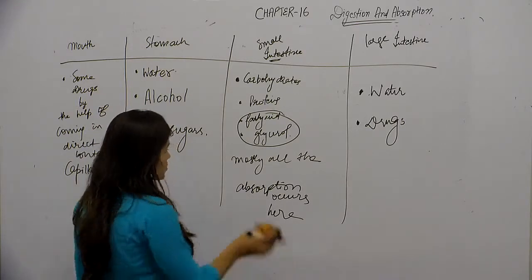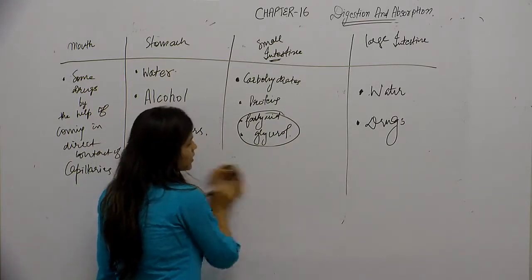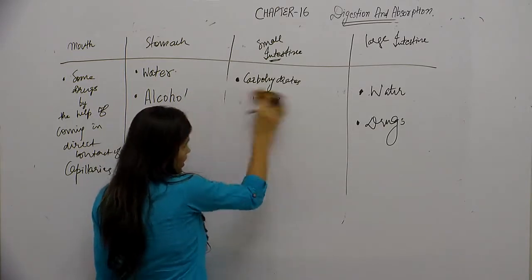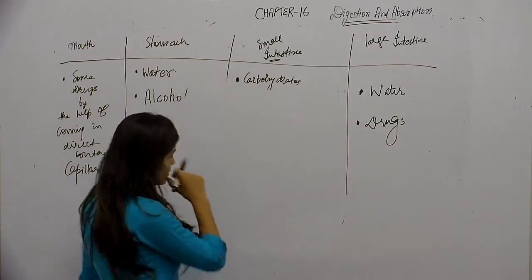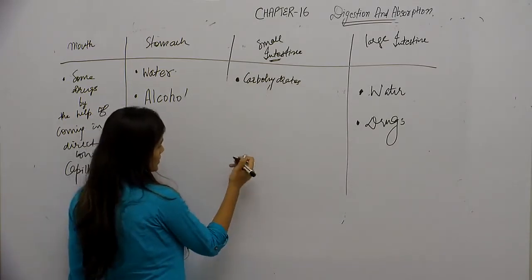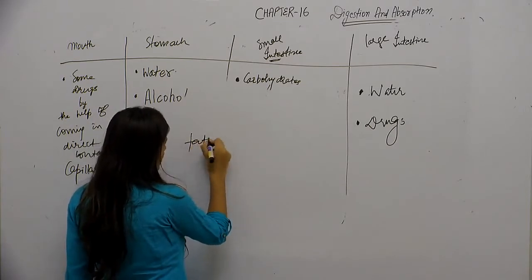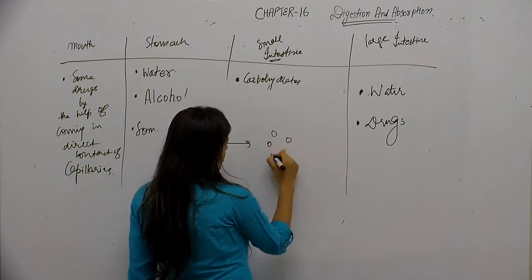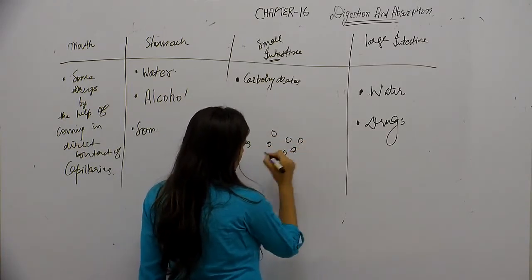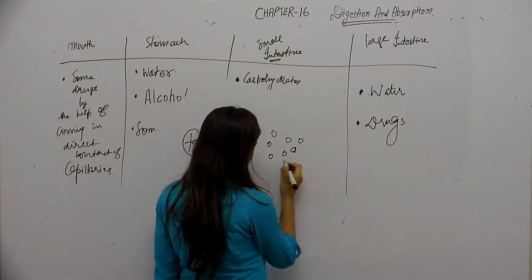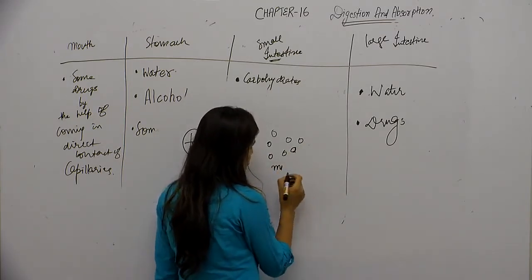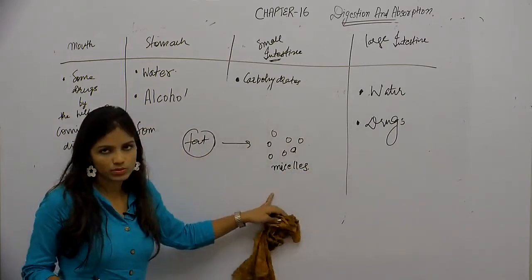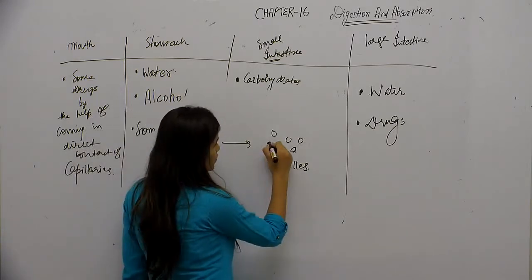What our body does is, as the lipases break down the fat in the small intestine into smaller pieces, this is a fat, it gets broken down into smaller pieces, and these pieces are known as micelles. These are the pieces of the fat.